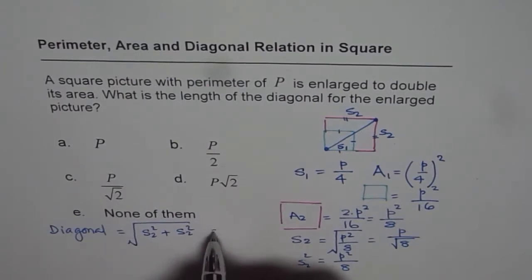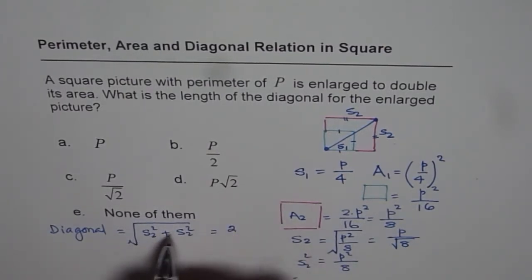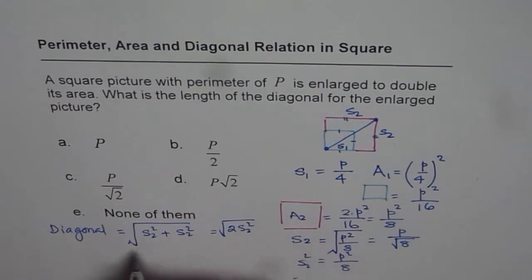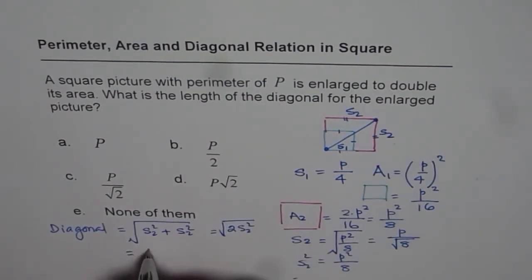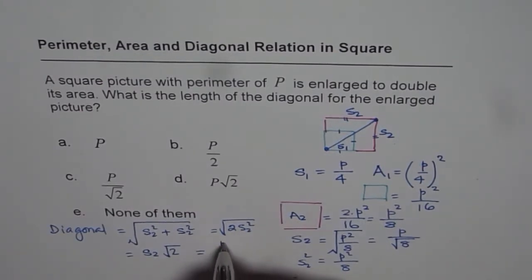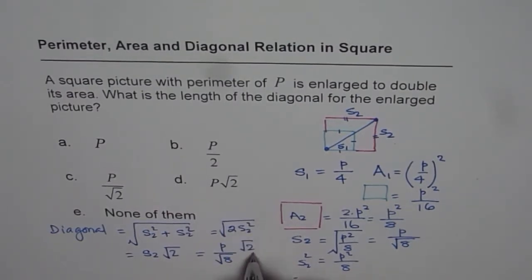That means 2 times S2 square, square root, or we can write this as S2 times square root of 2. Now S2 is P over square root 8, so we can write this as P over square root 8 times square root 2. That gives us a value of P over 4, right?